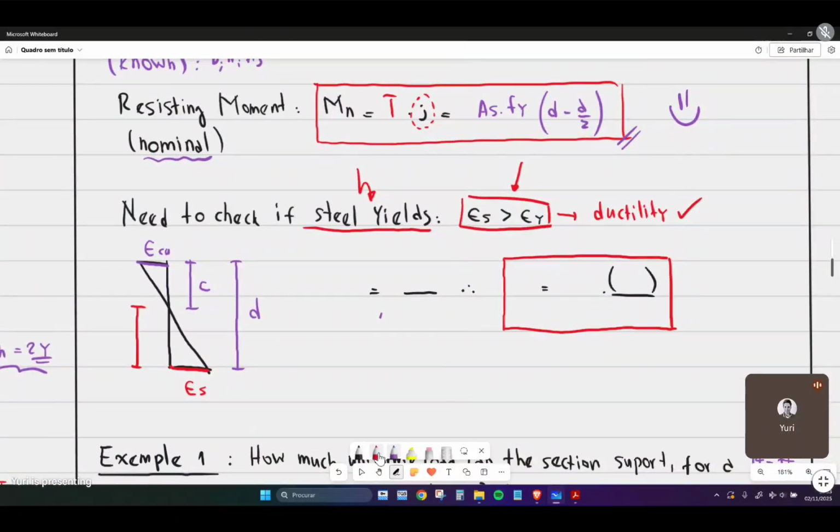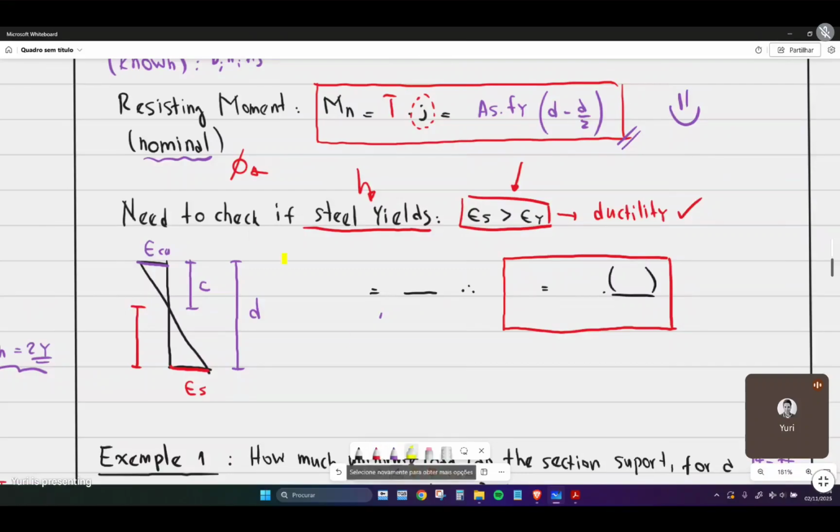We're going to address this later on, but we usually multiply by a factor, and this factor considers if your section is tension controlled, ductile, or compression controlled, which is not as ductile. Whenever your section is not ductile, we tend to penalize the bending moment more. We're going to address this really soon.